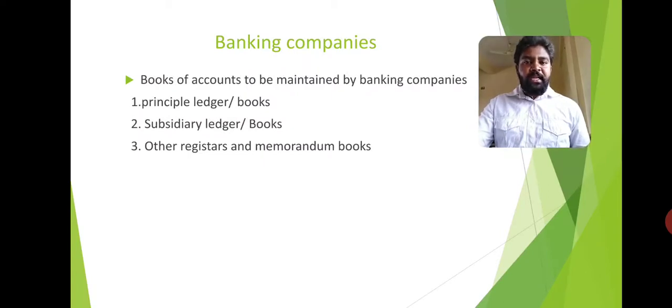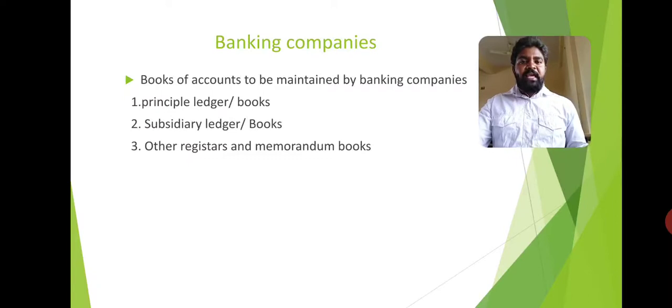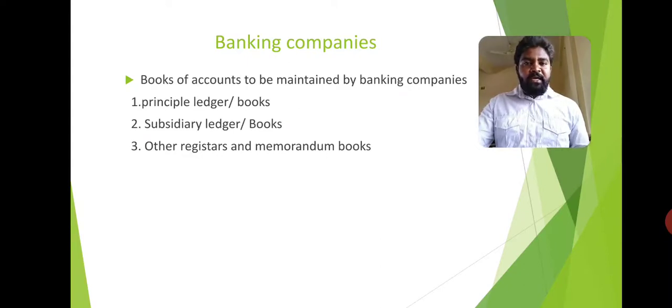Now come to the subsidiary ledger. Examples of subsidiary ledgers: receiving cashier counter cash book and paying cashier counter cash book, and savings bank account ledger and recurring deposit account ledger, then current account ledger, then fixed deposit account ledger.